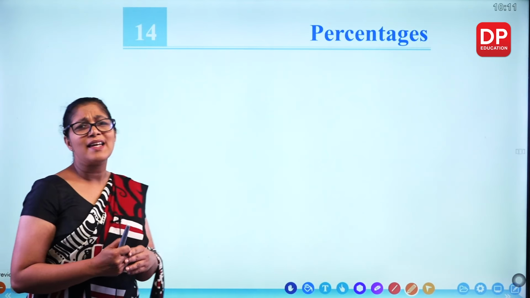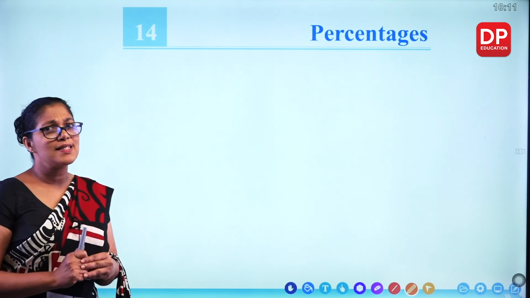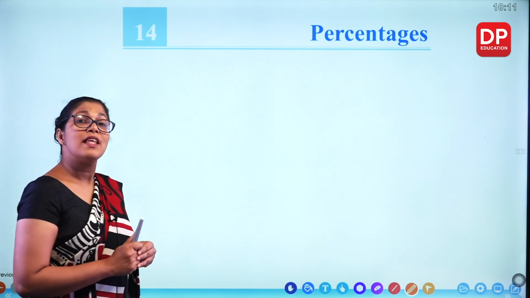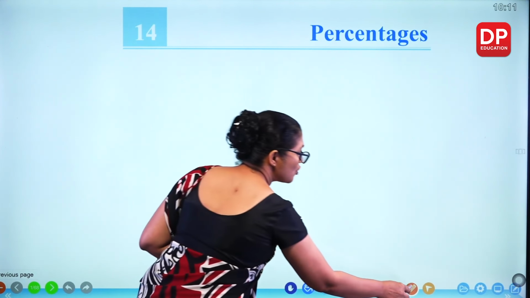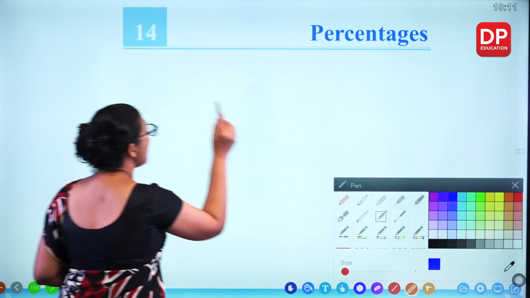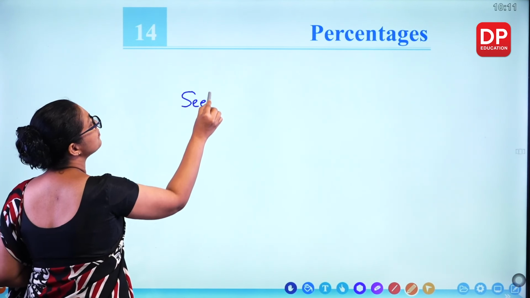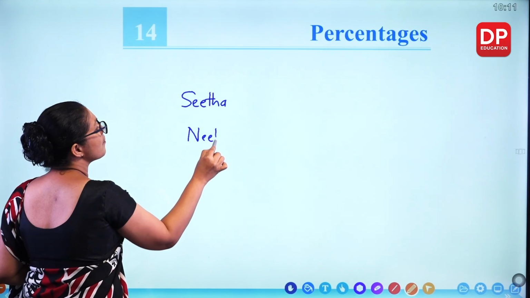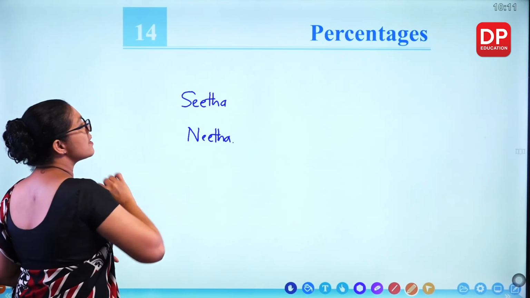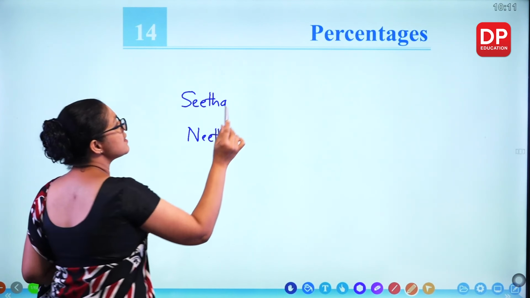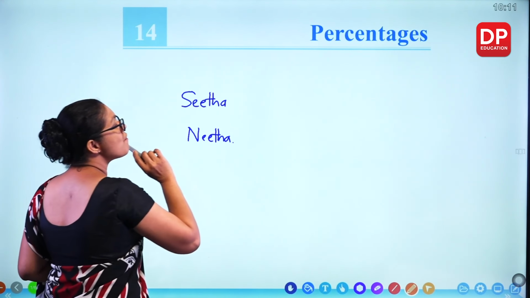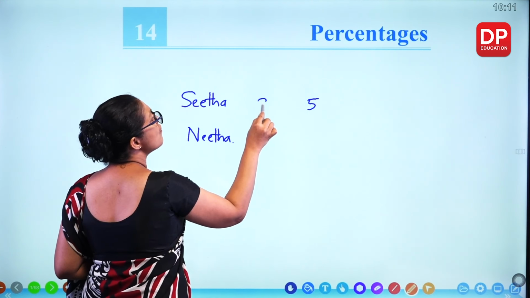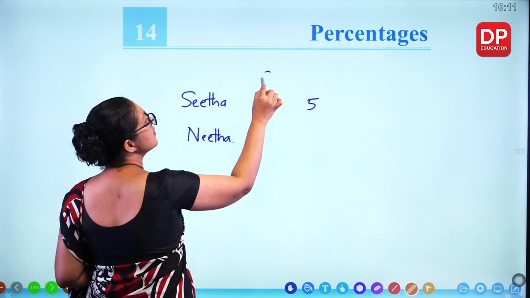For example, I can tell you a story. Once two girls had a fight about their marks. The two girls were Sita and Neeta. Sita told that she got 5 correct answers out of 8 questions.